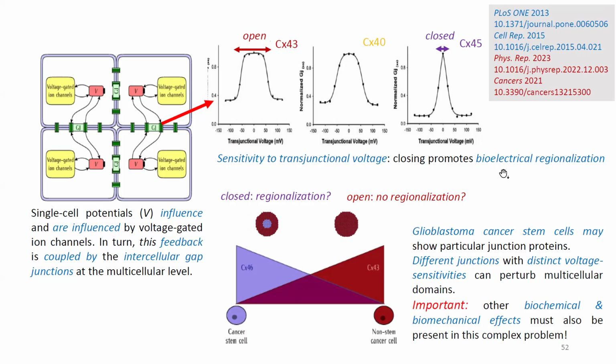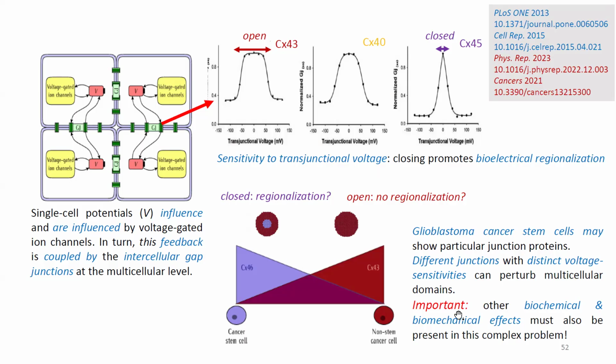Just interesting to note, although the problem is far more complex, that in glioblastoma cancer stem cells, different junctions and different voltage sensitivities seem to influence multicellular domains. This can be found in this Cell Reports work, for instance. So in principle, this different sensitivity to transjunctional voltage can be important from an experimental point of view.